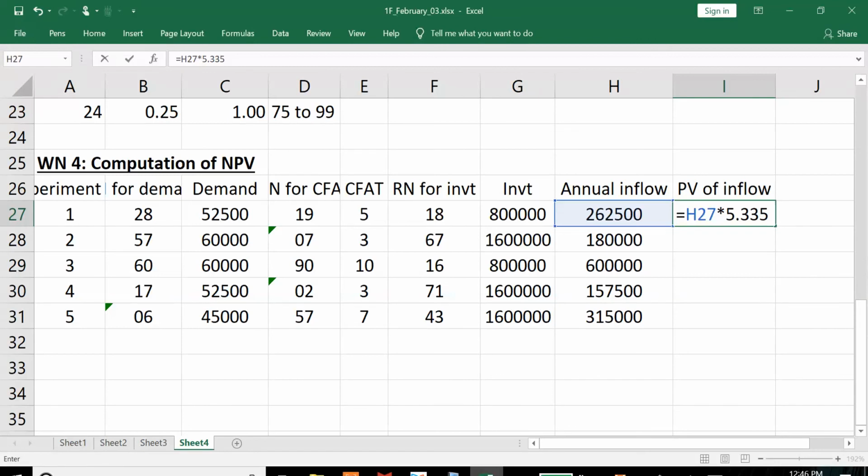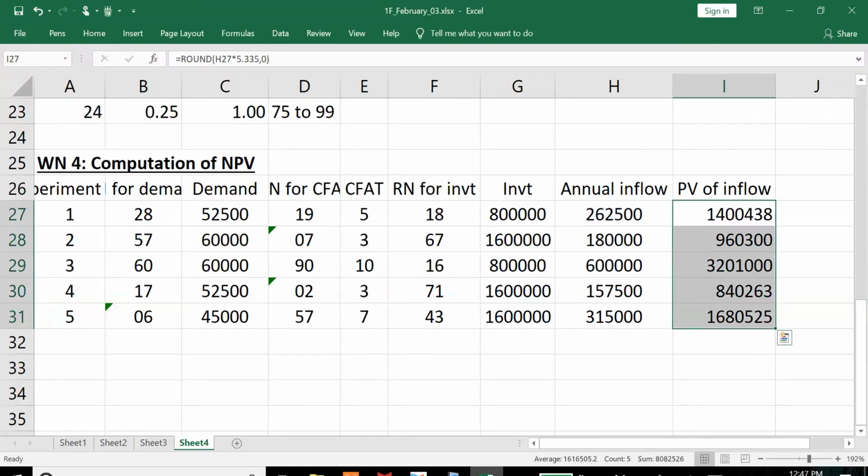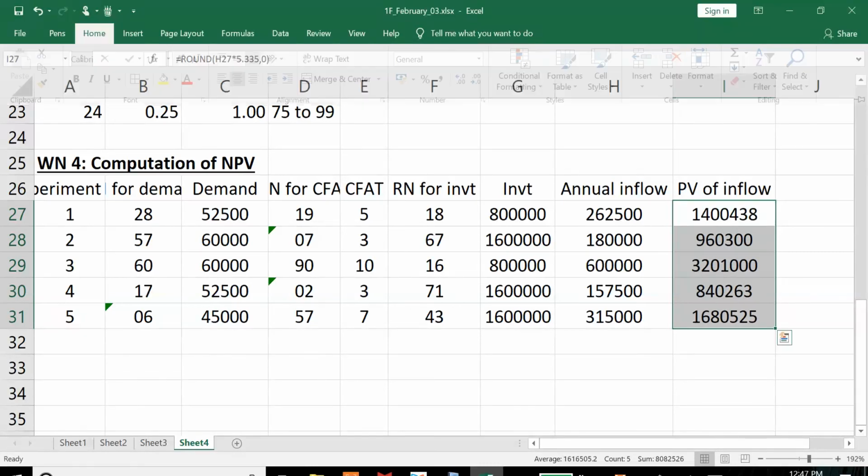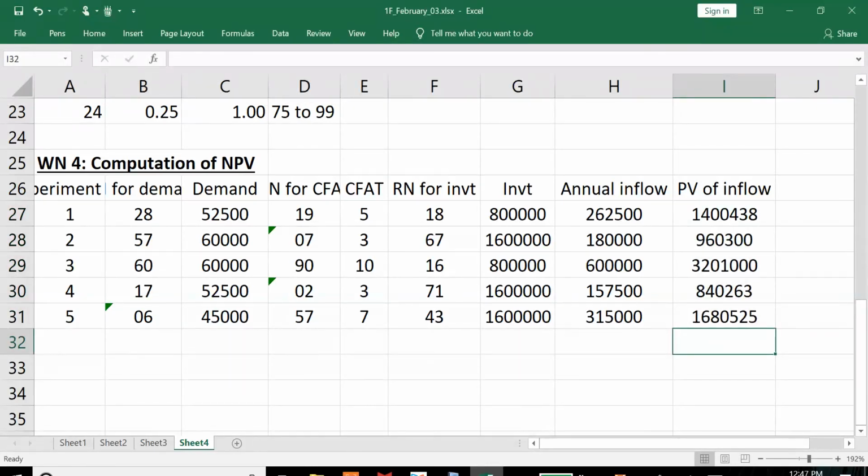Okay, you multiply your annual inflow into 5.335, which is the present value of inflow. And inflow minus outflow is NPV.